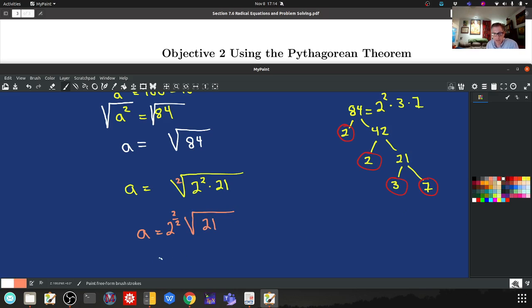So my final answer is A is equal to 2 raised to the first power, which is 2, times the square root of 21.